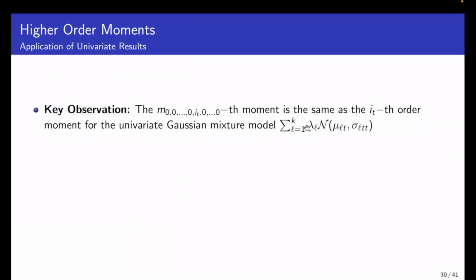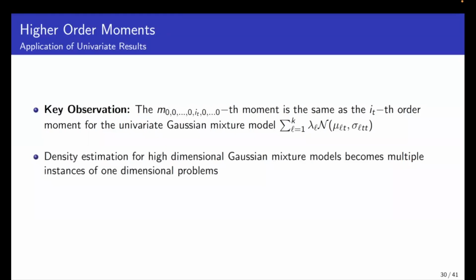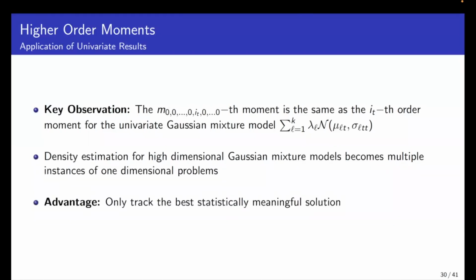This comes from the fact that the conditional of a Gaussian is still Gaussian, and what we're doing now is conditioning on everything being 0 except the tth component. So density estimation for these high-dimensional Gaussian mixture models becomes multiple instances of one-dimensional problems. The key advantage is that we only need to track the best statistically meaningful solution as we go along.